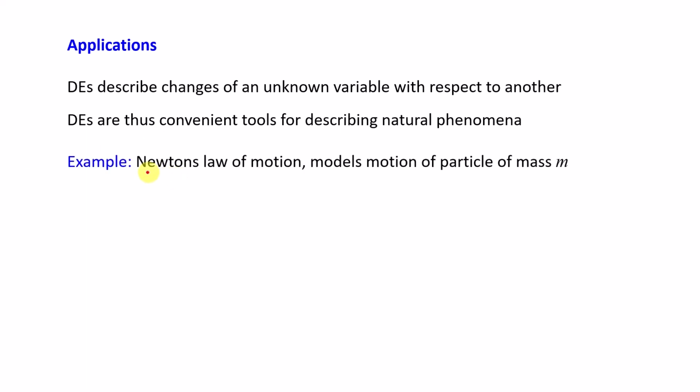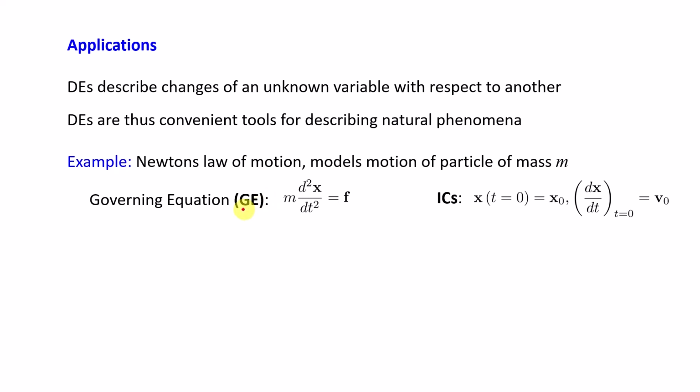So for instance, Newton's law of motion. It models the motion of a particle of mass m. The governing equation for such a system, for a particle that has mass m, is m multiplied by d2x, where x is the location of the particle, that is a vector, dt2 equals f, that is another vector, the force.